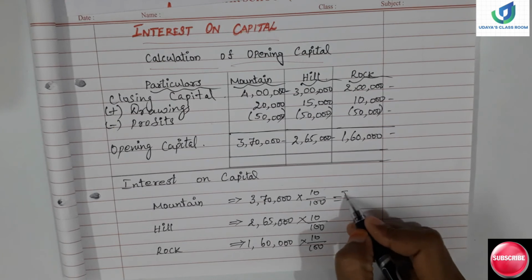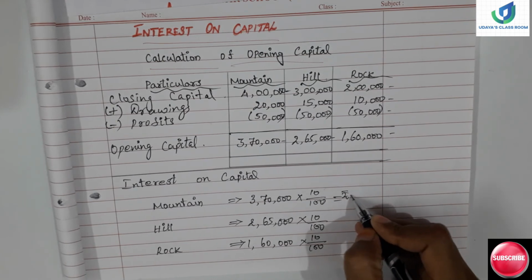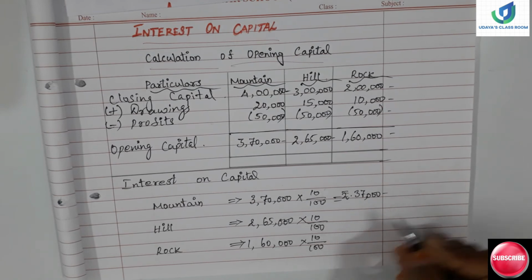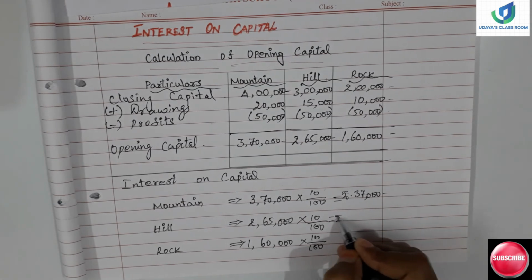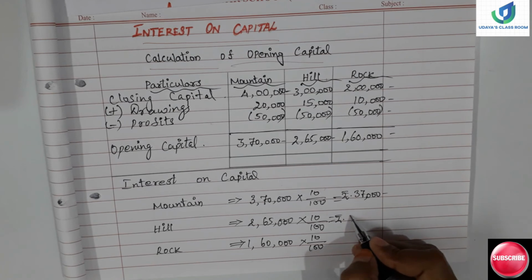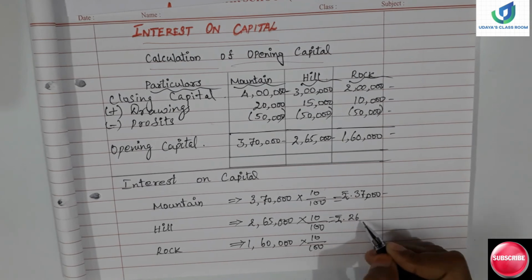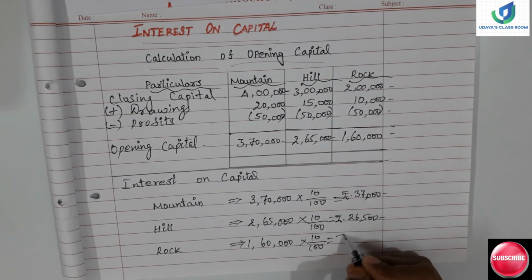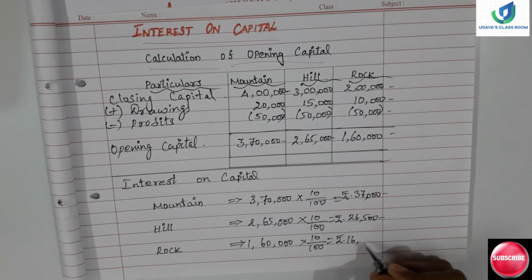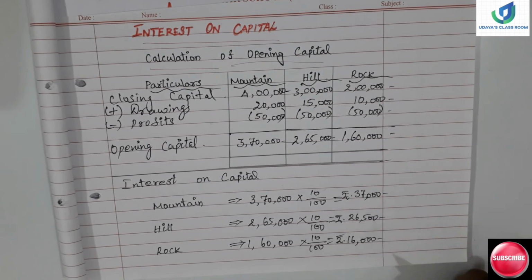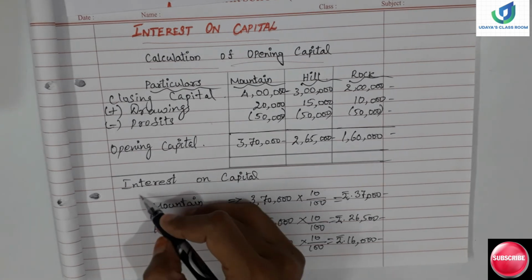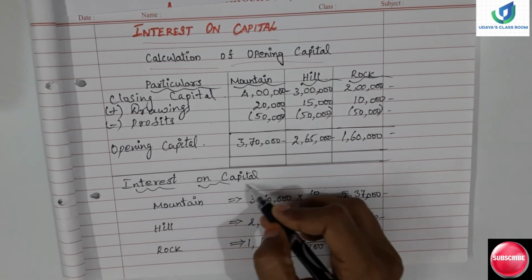So we get 37,000 rupees, 26,500 interest, and 16,000 rupees interest for Rock. So interest on capital we have calculated now.